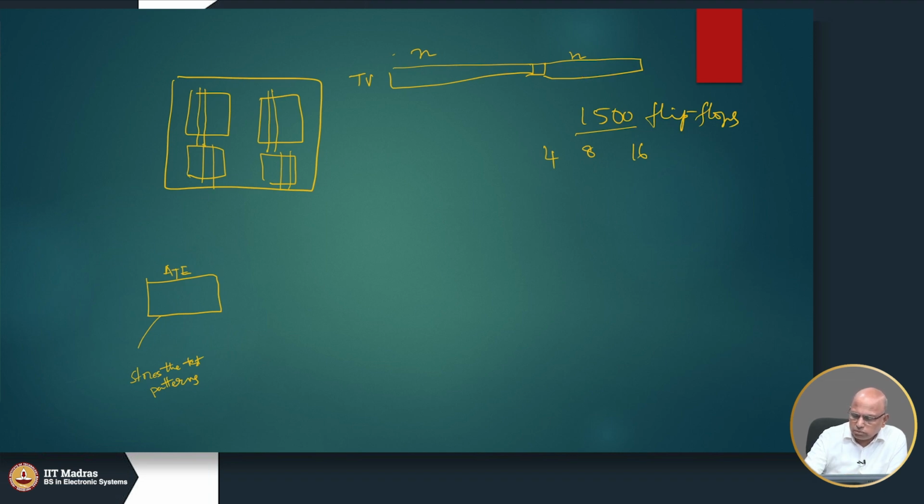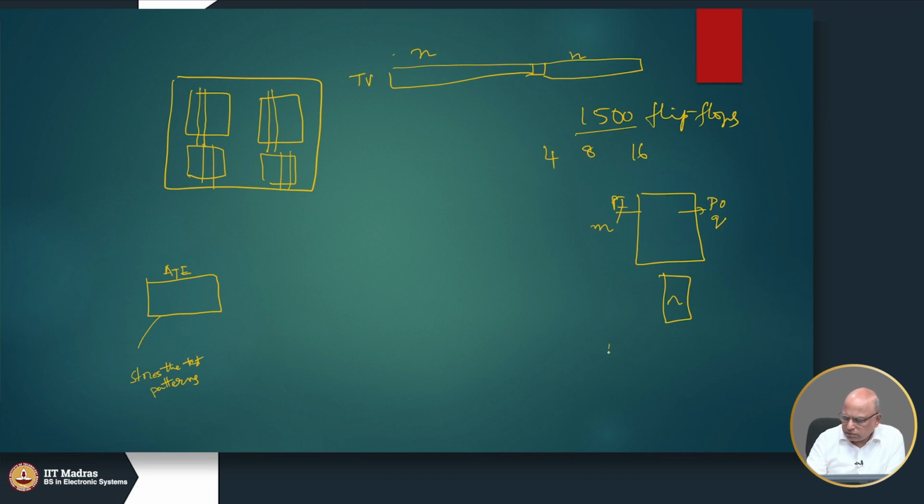In fact, there will be more. See, if you have a primary input, primary output, let us assume that this is m bits and this is q bits, and then there is a state register of n bits.